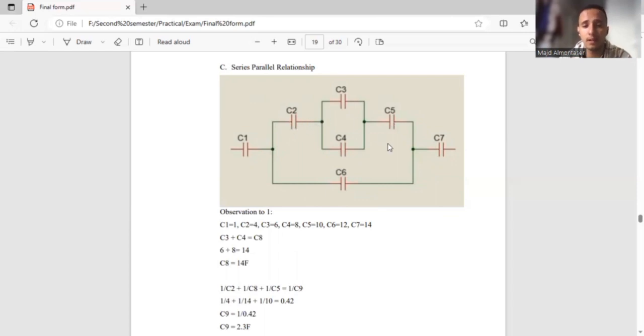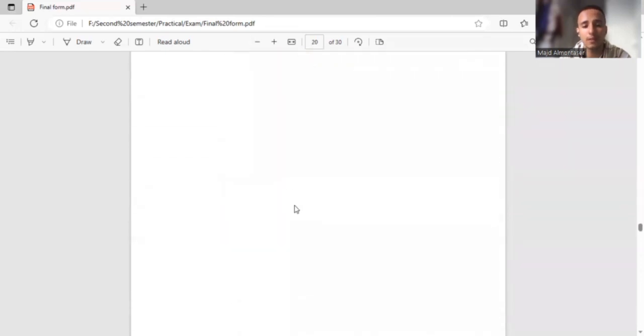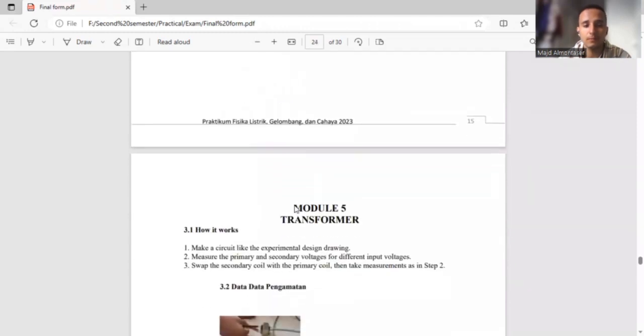Then you will calculate them in series connection, applying the rule of adding the reverse of each capacitor to find the equivalent capacitor, and then you continue this until you get the final result. And these are some examples.